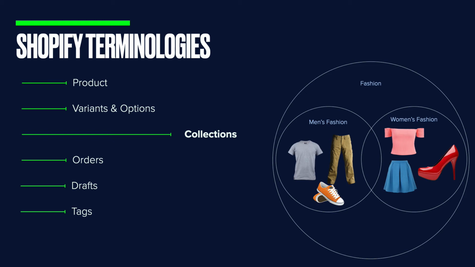Here I have grouped t-shirt, trousers and shoes into men's fashion, tops, skirts and high heels into women's fashion, and I can even group everything into one big collection called fashion. There are no restrictions, it's total freedom. This is how we make collections. In a fashion website you might have seen we go through so many collections like men's fashion.